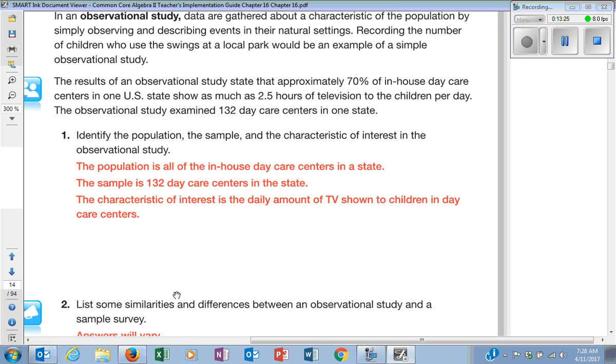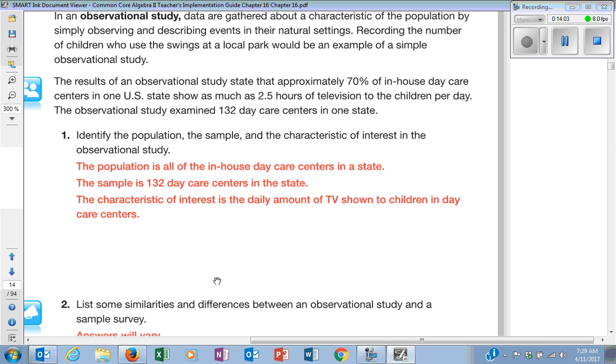List some similarities and differences between an observational study and a sample survey. Okay, what are some of the similarities? You're collecting data in both of them. Got to have a population, got to have a sample from it. How's the data collected in one of them? You're just watching someone naturally in one, and in the other, you're asking.